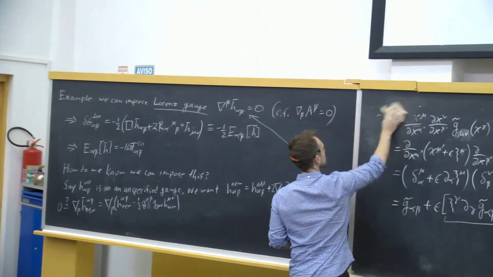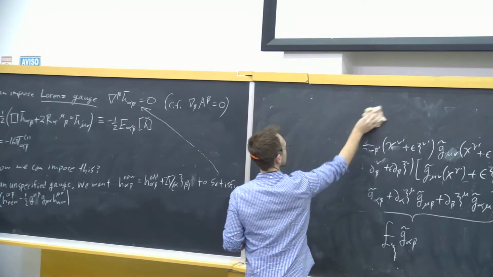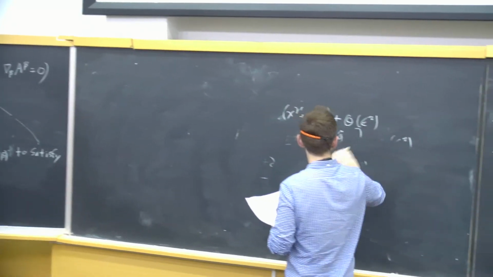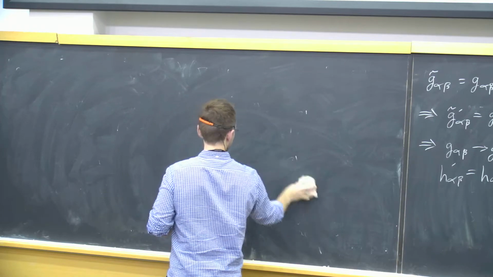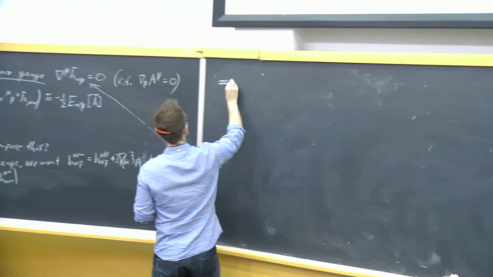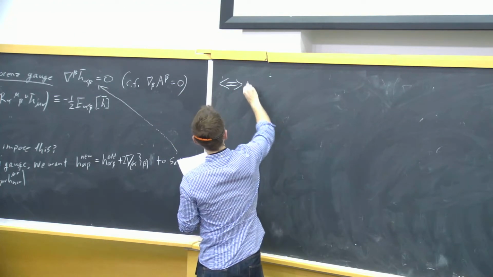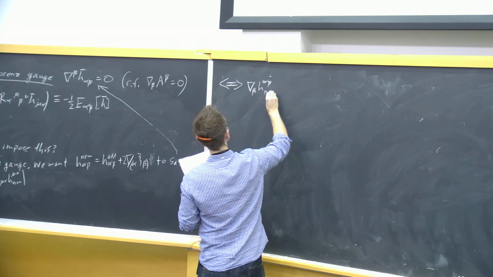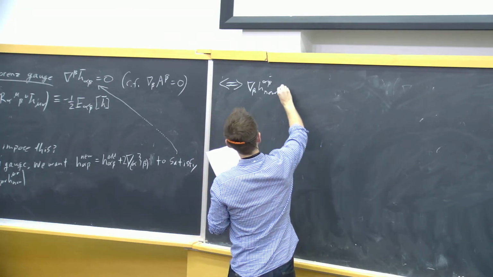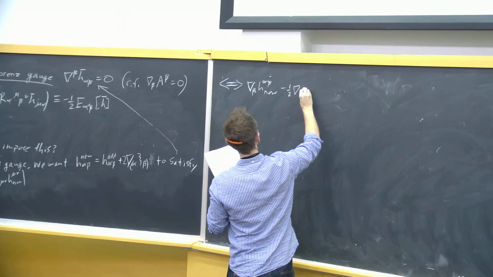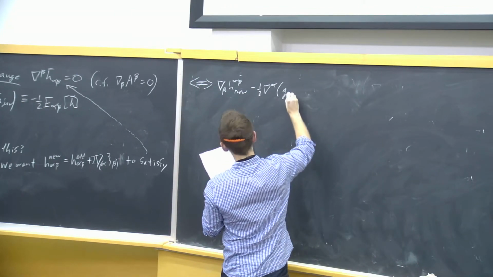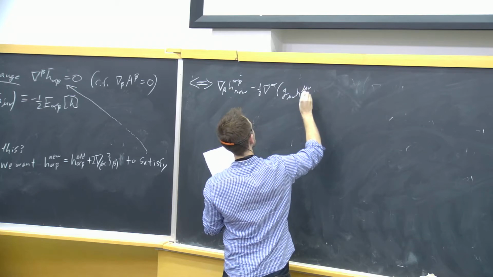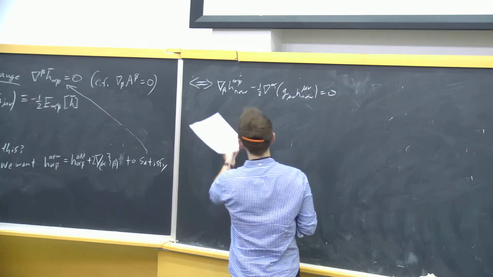So that's true if and only if that's equal to 0, if and only if the divergence of h alpha beta nu minus 1/2 grad alpha g mu nu h mu nu, if and only if this is all equal to 0.